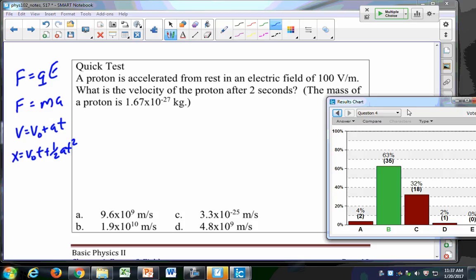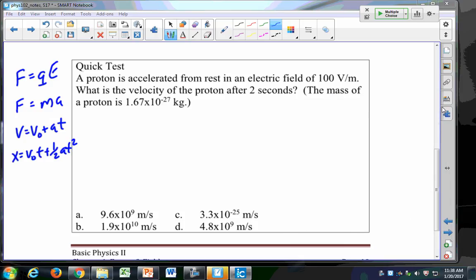What is B? All right, so first I have to find the force. q times E. That's 1.6 times 10 to the minus 19 coulombs, the fundamental unit of charge, which is for a proton. The electric field is 100 volts per meter or newtons per coulomb.